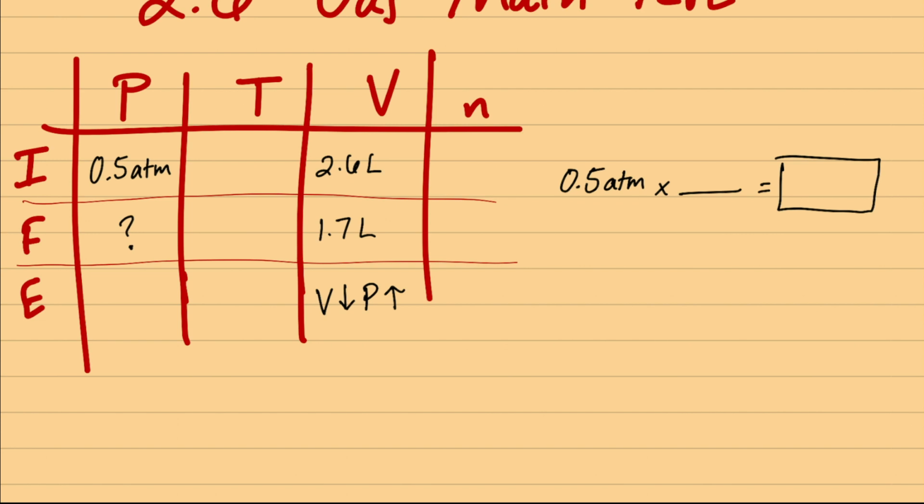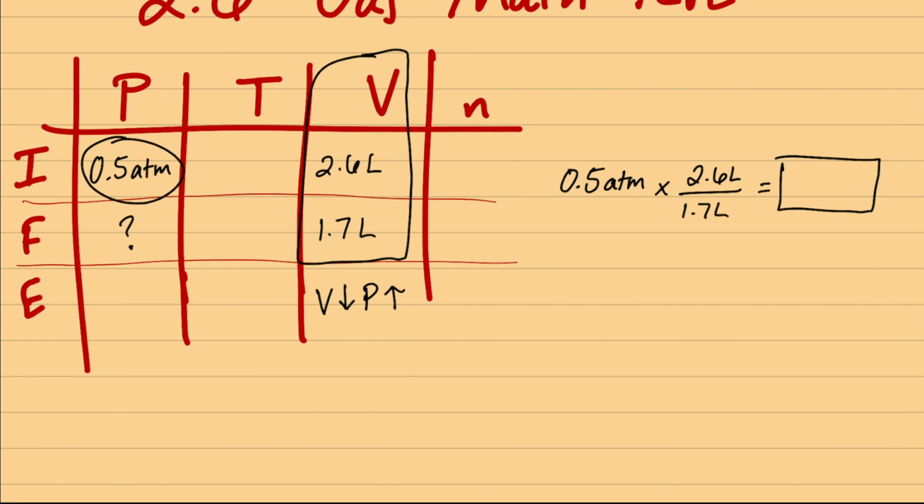Whenever I do PTVN problems, I should start with the thing above the question mark, which is what I did, 0.5 atmospheres, and I'm going to multiply by a ratio of my other numbers. Here I have a ratio of volumes, and I need to decide whether I'm going to put the 2.6 on top and the 1.7 on bottom, or vice versa.